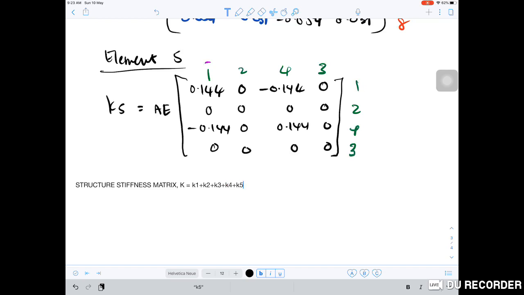We have to combine all the element stiffness matrices in order to determine the structure stiffness matrix.